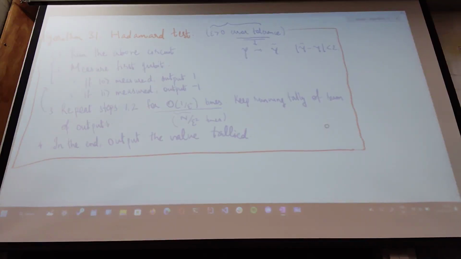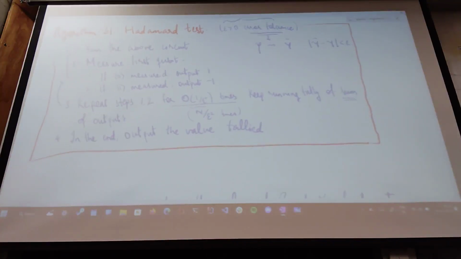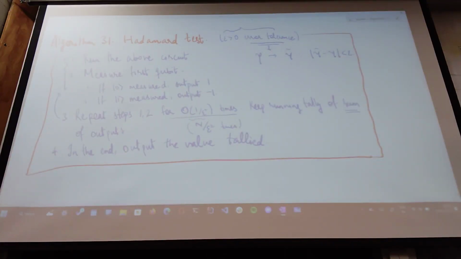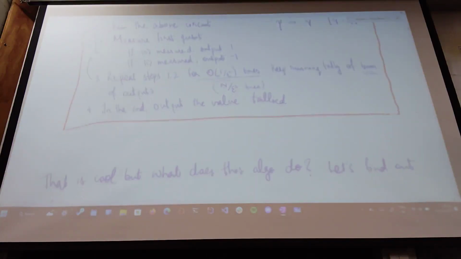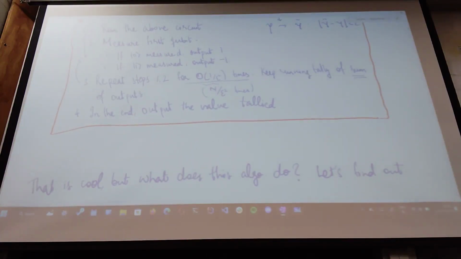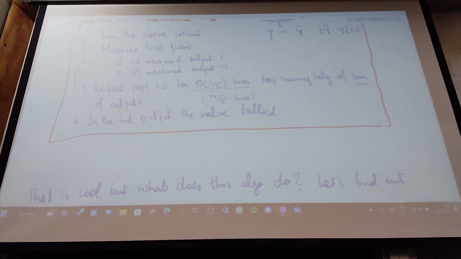The important thing is you should keep a running tally of the sum of the outputs. Now, that's a very cool algorithm, but I guess the important thing is what does it do? I didn't specify that, but let's look at it.